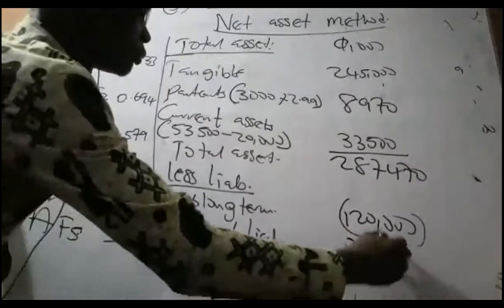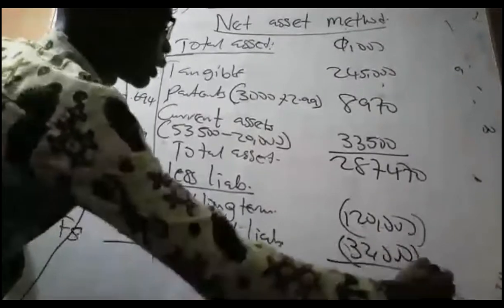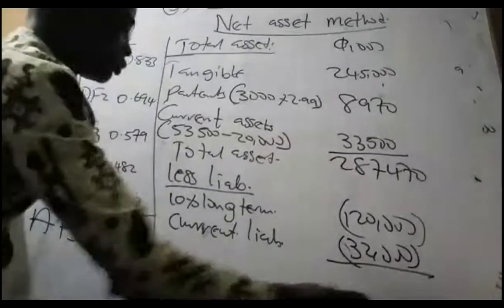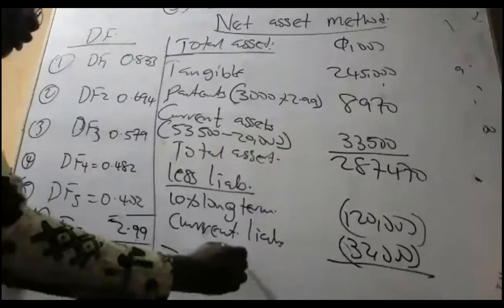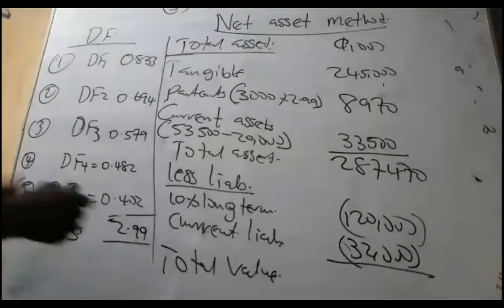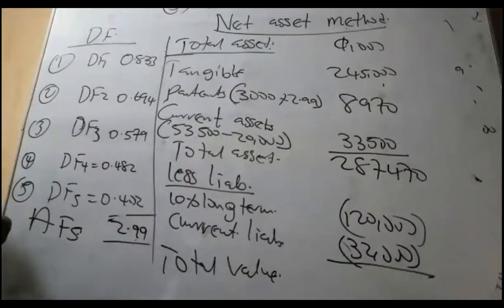Then we are done. So what is the total value? So minus 120 will give us 167, so that would be 135,000.